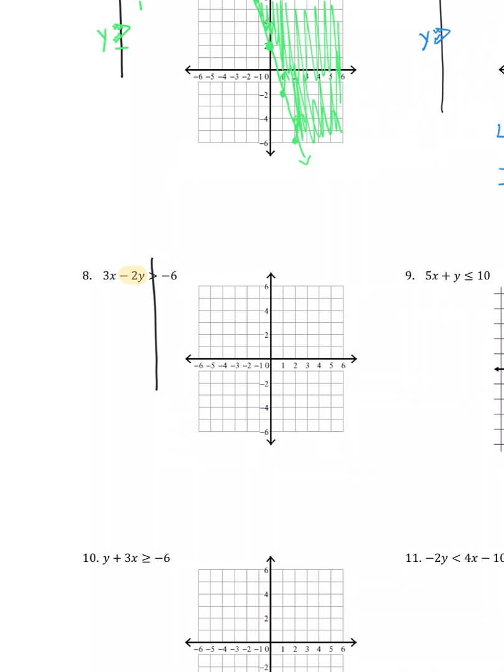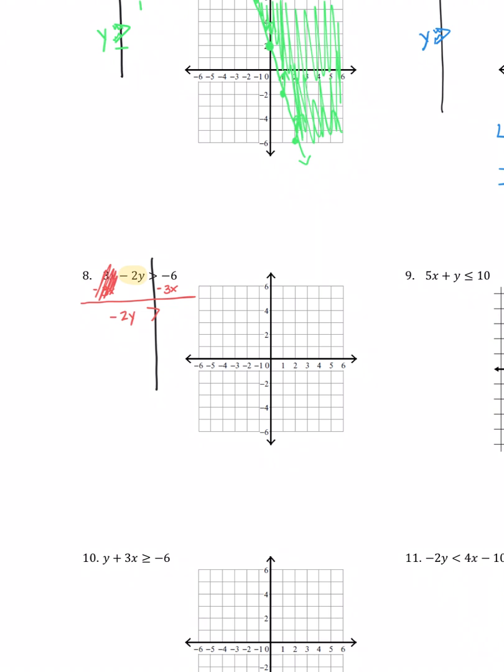So the first step is to get rid of that 3x. It's a positive 3x because it's not a negative in front. So to get rid of that, I want to subtract that 3x. I'm going to say minus 3x over here and minus 3x over here. That gets rid of these 3x's. Now I'm left with negative 2y, and I'm going to leave this symbol the same.